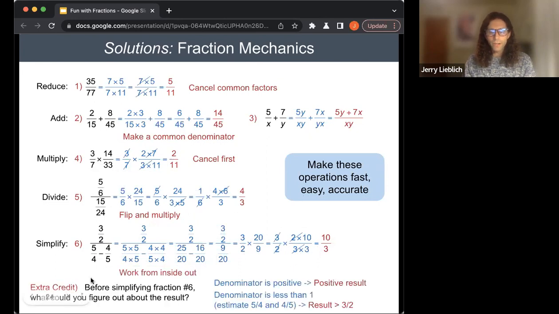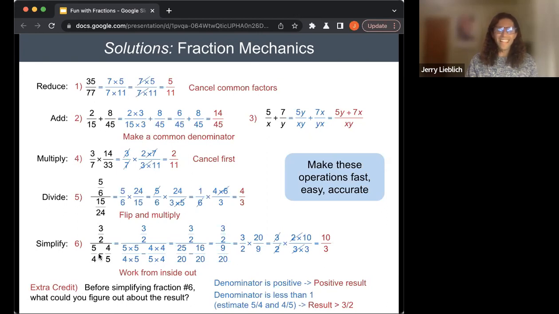As far as the extra credit goes, looking at this, I might say, okay, this number is greater than 1. Maybe I even know it's 1.5. Here I've got something a little more than 1 minus something a little less than 1. That all tells me this is going to be positive because this is less than this. I also know that I'm going to have a small denominator.